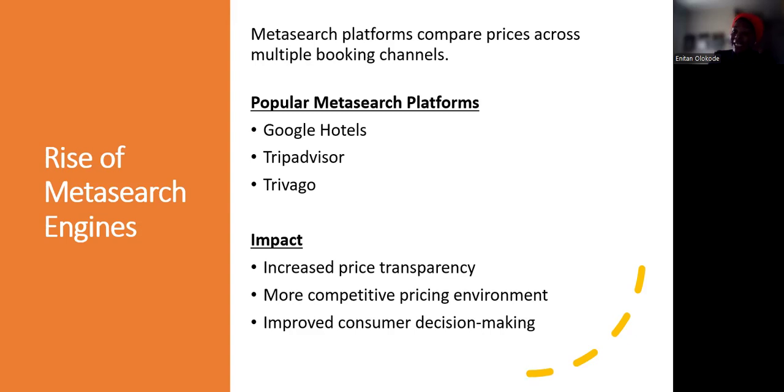We should also bear in mind that while they compare options, they intensify price competition, because definitely our consumers will compare rates across several service providers. We have competitors around us. So as hotel managers, as revenue managers, we must at all times carefully manage our pricing.